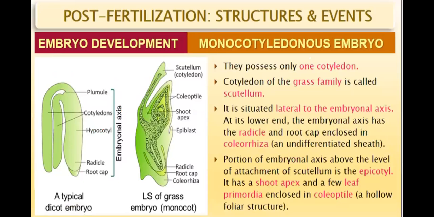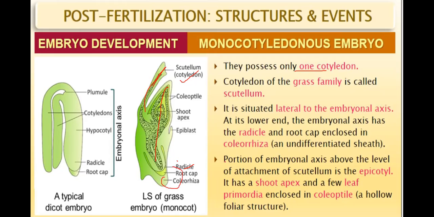A monocotyledonous embryo possesses only one cotyledon. This is the embryonal axis. They have only one cotyledon, and this cotyledon is called the scutellum. It is situated lateral to the embryonal axis. At its lower end, the embryonal axis has a radicle, covered by the root cap and enclosed in the coleorhiza. This is enclosed in what?